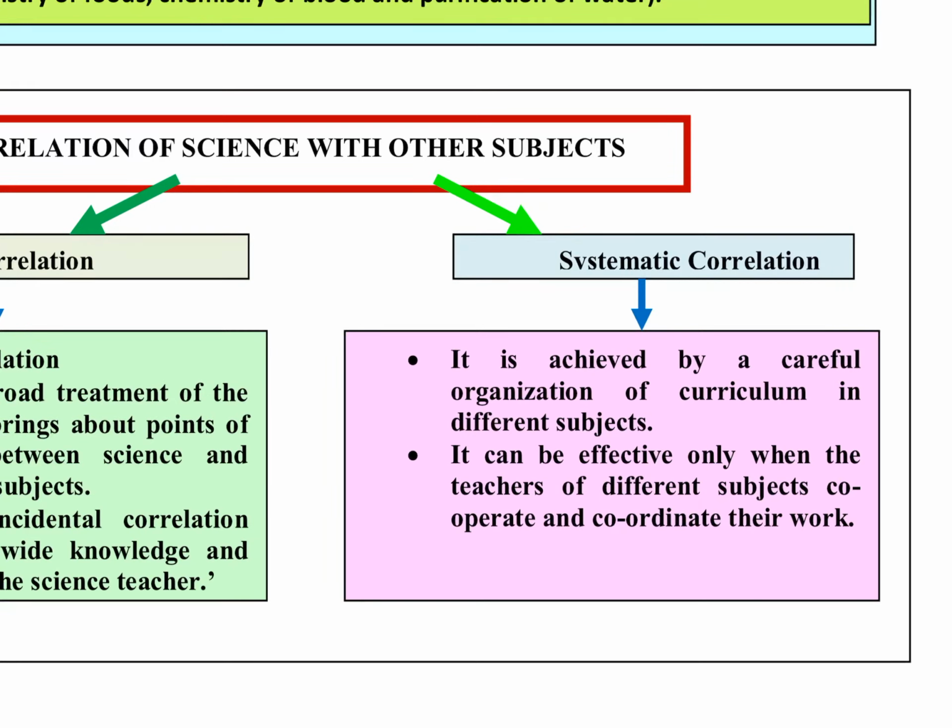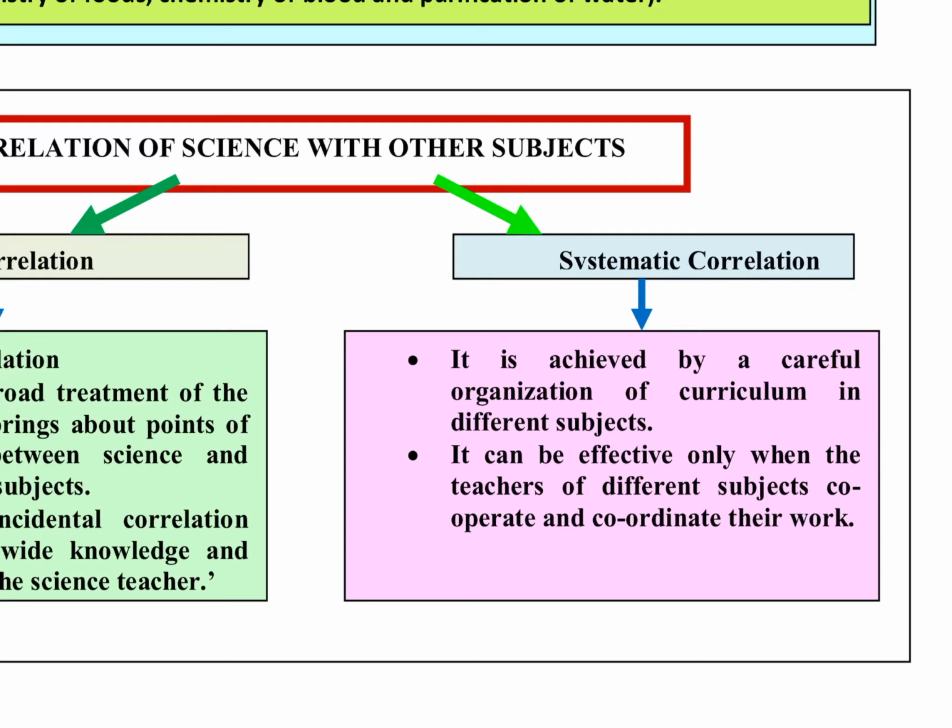Another way of correlation of science with other subjects is systematic correlation, and it is achieved by a careful organization of the curriculum in different subjects. It can be effective only when the teachers of different subjects cooperate and coordinate their work.